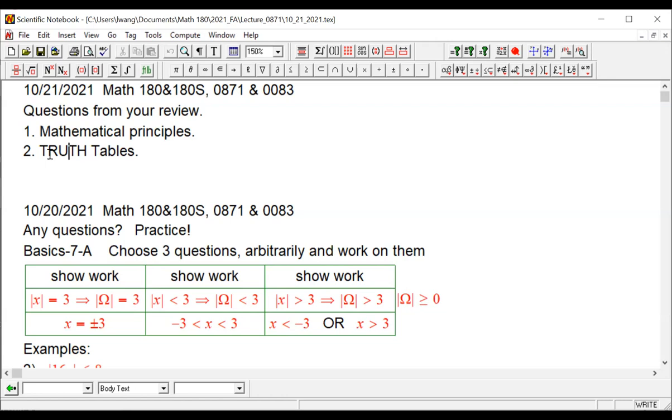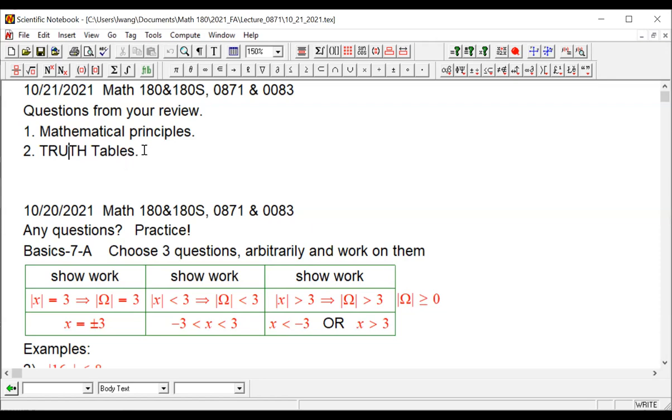I don't just randomly say this and that. I would think twice before I broadcast these two words. That's how important these two words are, the truth tables.